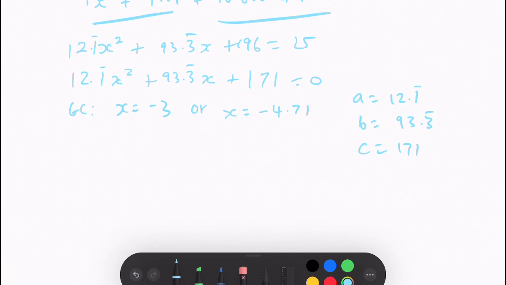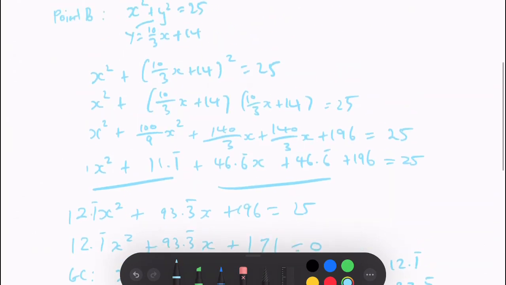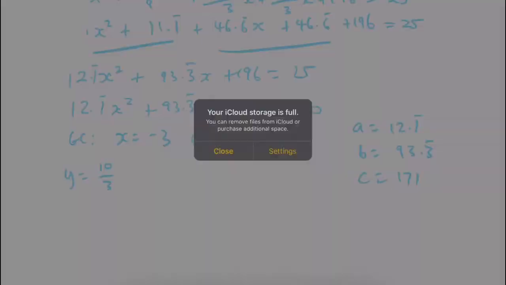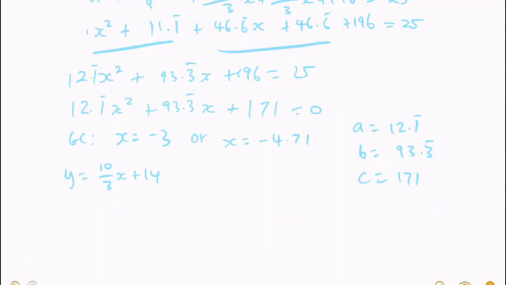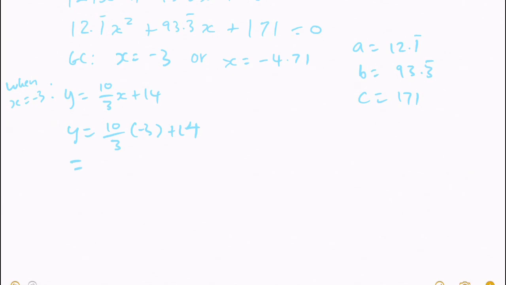Now what we're going to do is put x into one of the equations and we get the y value. So let's substitute into the straight line equation. So that'll be y equals 10 over 3 times negative 3 plus 14. So this is when x equals negative 3. And then use the calculator. You should get 4.